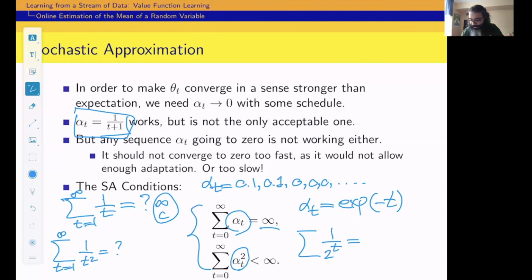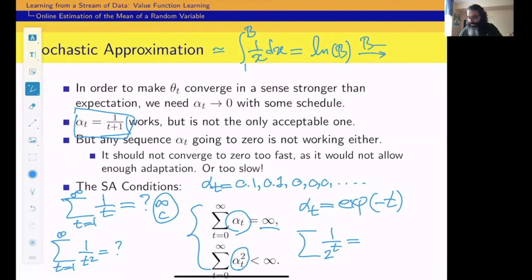So the behavior of this summation is approximately equal to the behavior of this integral. Let me just upper bound it by b when b goes to infinity, and this is going to be ln of b minus ln of 1. So when b goes to infinity, this also converges to infinity. I guess it goes logarithmically.